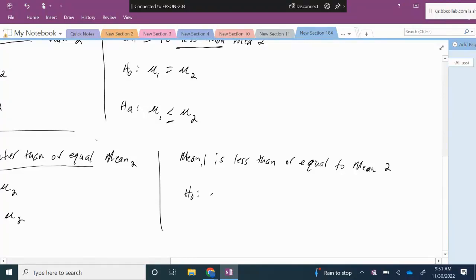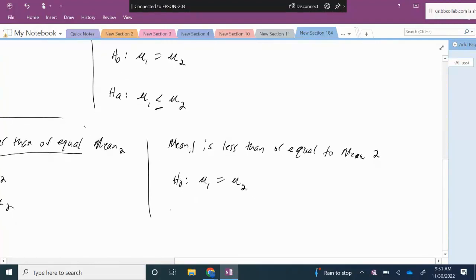Writing this out, the null hypothesis is always that the means are equal, and in this case the alternative hypothesis is that mean 1 is less than or equal to mean 2. Notice the inequality for the alternative hypothesis is less than or equal to.